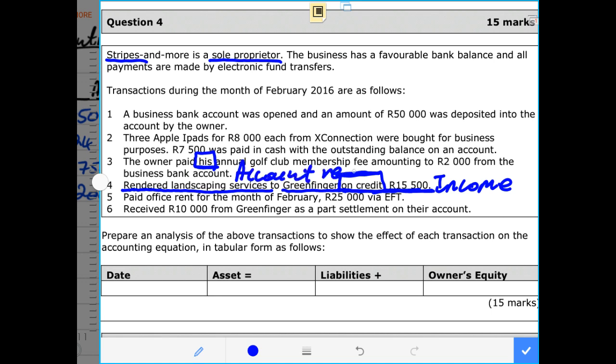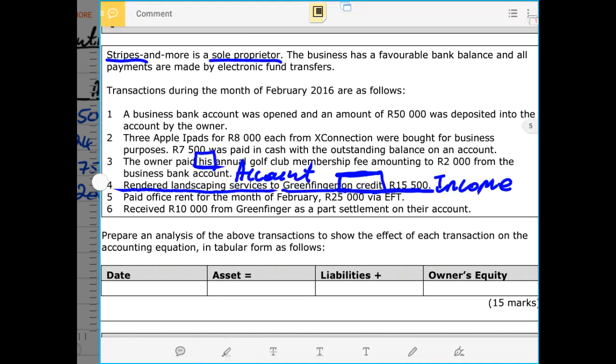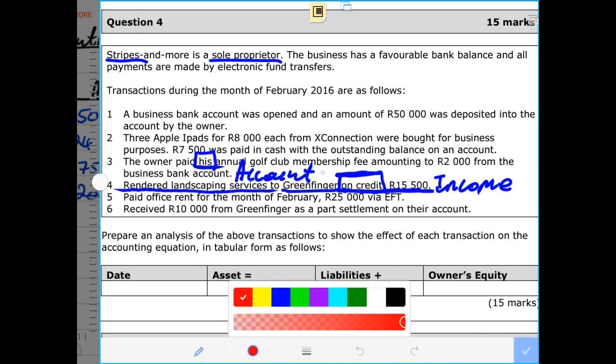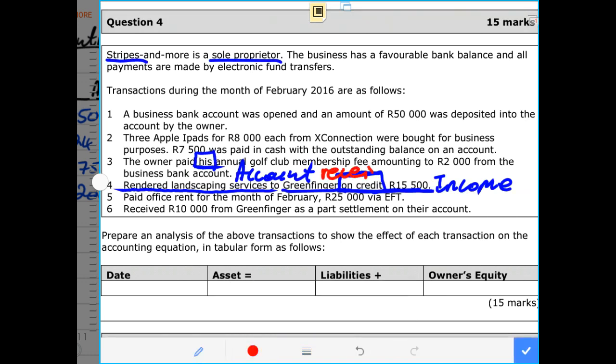So in this case, our account receivables will be increasing by 15,500, because the customer did not yet pay for the services that were rendered to him, and the value of these services was 15,500.